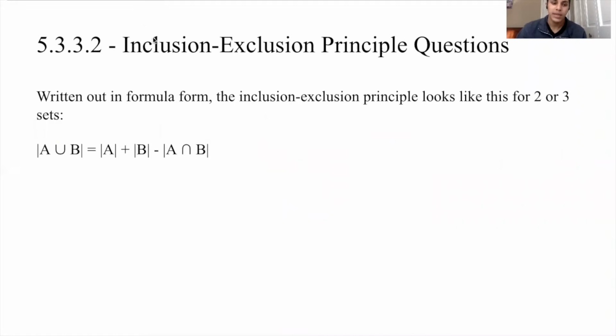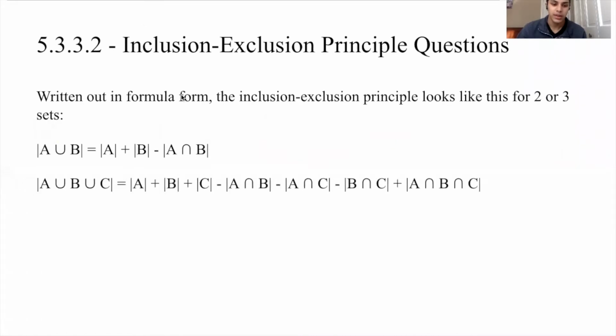All right, so let me clear all these drawings. And now let me get to this gargantuan equation here. So if you were to find the amount of numbers in A union B union C, well, let's draw some parallels to this equation that we now understand, right? So the first parallel is that you have to find the sum of the amount of numbers in all the sets, right?